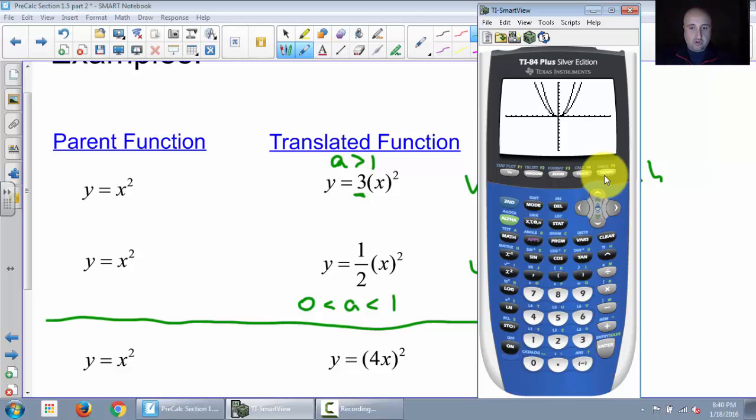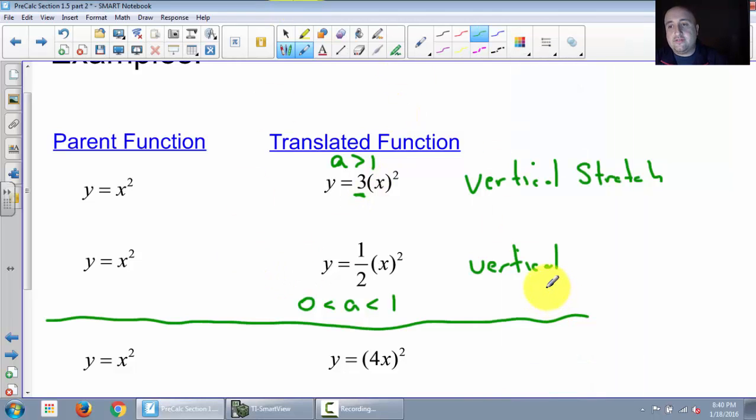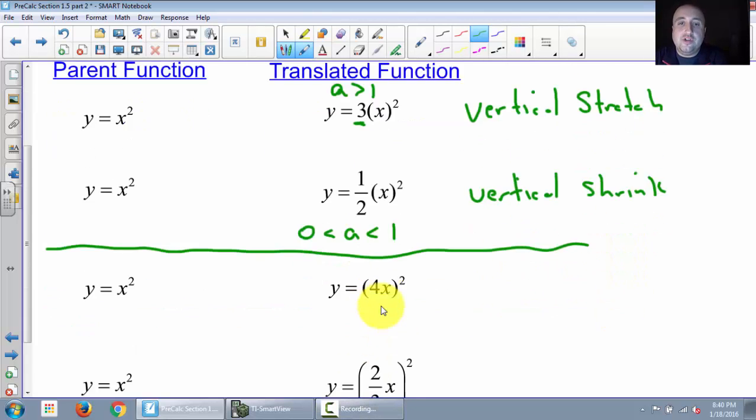It's going to make the basketball go out wider. All right. So that's a vertical shrink. Okay, it's shrinking it. So when we take our whole function and multiply it by a number bigger than 1, it's a vertical stretch. And if we take our whole function and multiply it by a number between 1 and 0, it's a vertical shrink.